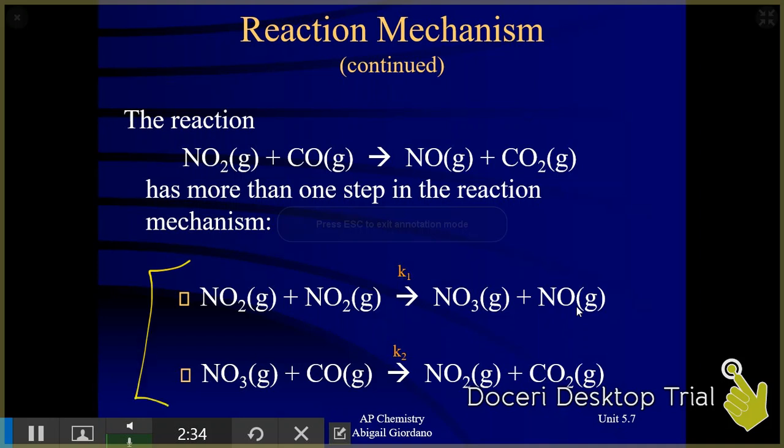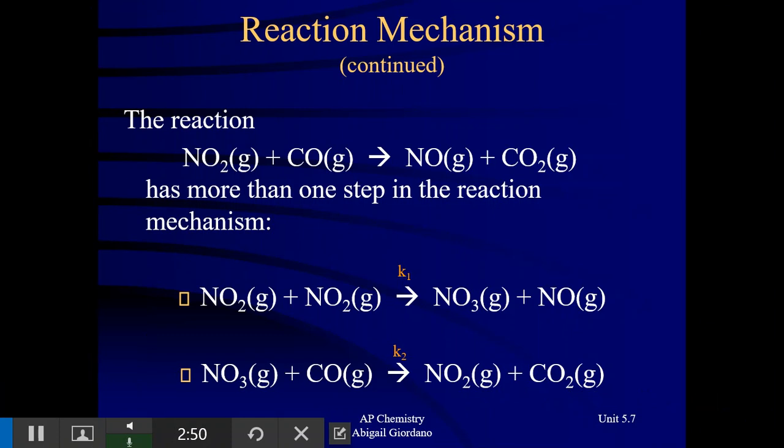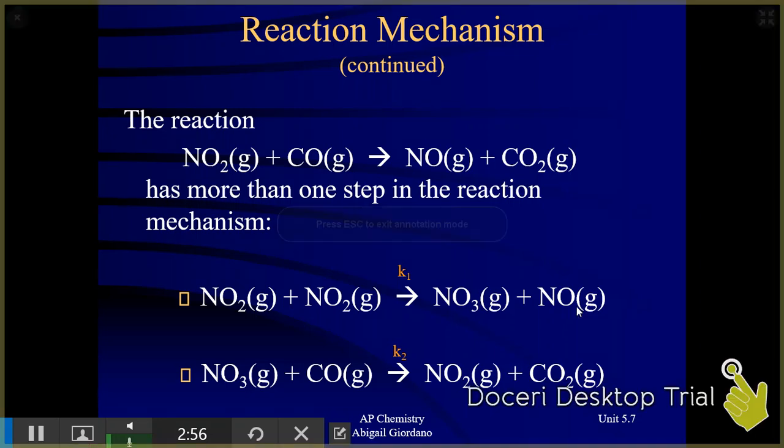These two elementary steps put together are what's called a reaction mechanism. Now, what might you do with a reaction mechanism? Well, we're going to be adding these equations together to get to our overall equation, which is what you see at the top of the slide.